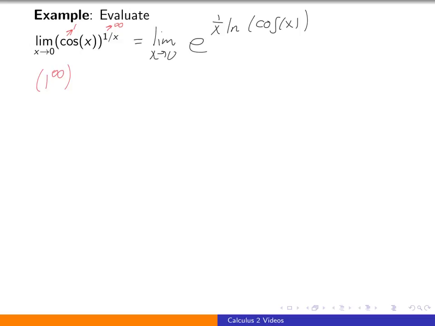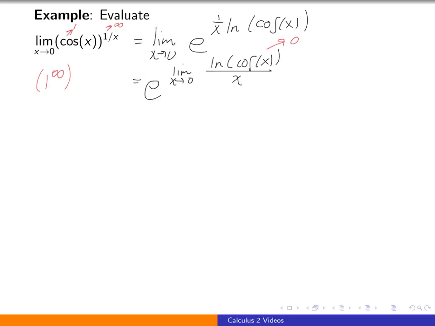Additionally, we've seen we can take this limit and move it inside a continuous function, which the exponential is. So it's the limit as x goes to 0 of the natural log of cosine x divided by x. As x goes to 0, cosine of x goes to 1, and the natural log of 1 is 0.